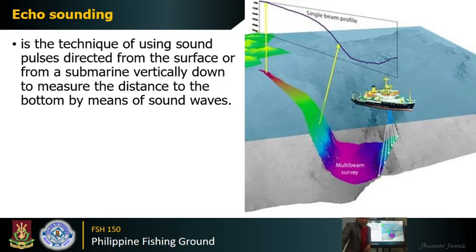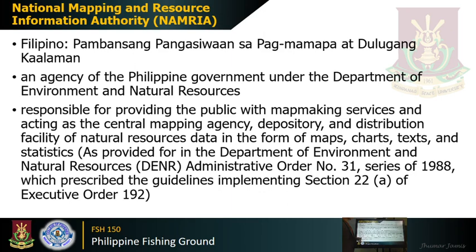Now, talking about the agencies in charge of navigation and of profiling the bathymetric map of the ocean floor. Number one is the NAMRIA. NAMRIA, as I was talking about earlier, is the National Mapping and Resource Information Authority, or in Filipino, Pambansang Pangasiwaan sa Pagmamapa at Dulugang Kaalaman.